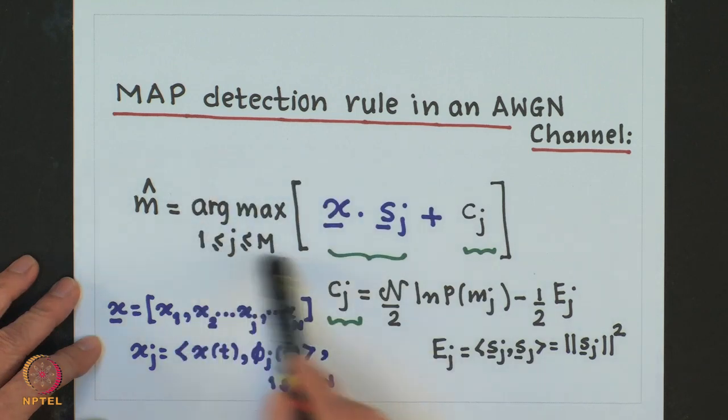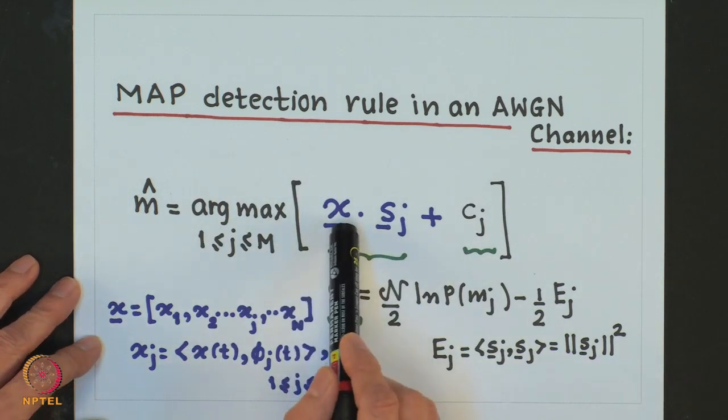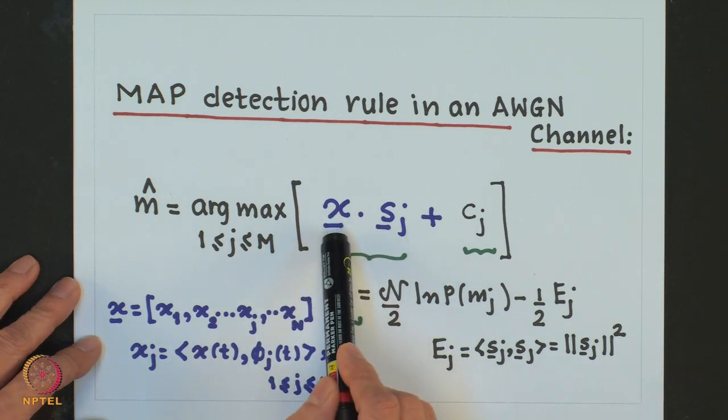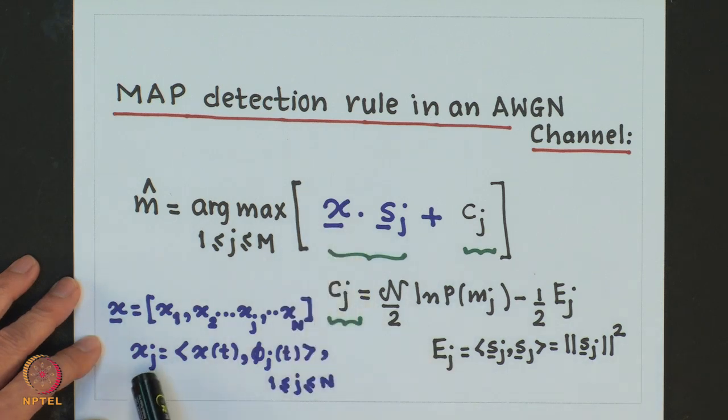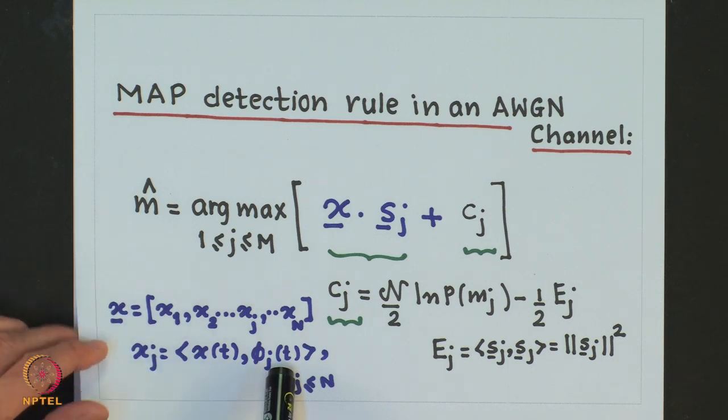We have also studied another form of MAP detection rule in an AWGN channel, and it is given by this expression. Here your vector x is dependent on the received signal. Any element of this vector, say xj, is obtained by taking the projection of the received signal x(t) onto phi j.